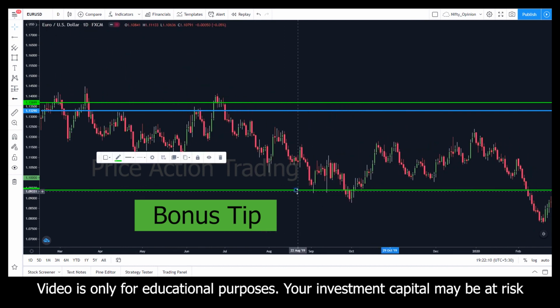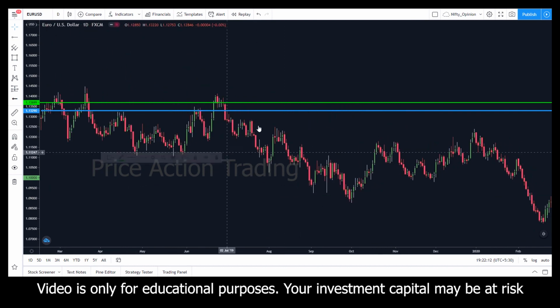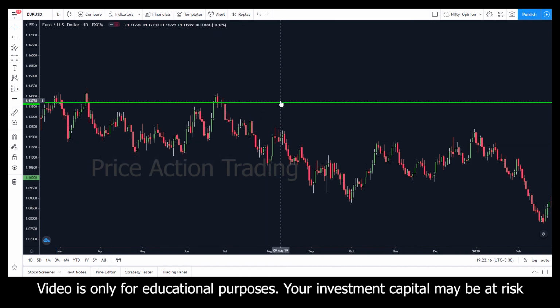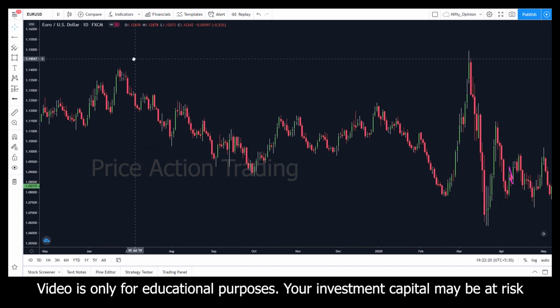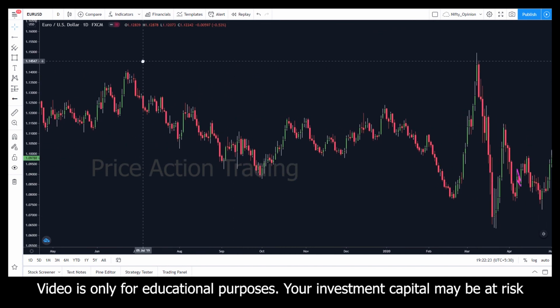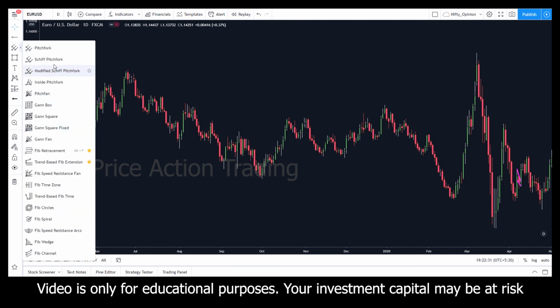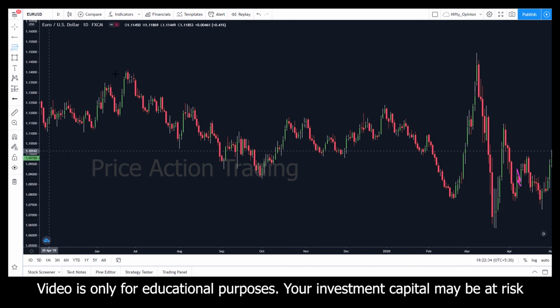The bonus tip is, if you are not able to understand the support and resistance line and how to mark them, use the Fibonacci lines and Bollinger Bands. This is the bonus tip, and it will create an easier support and resistance line for you. You will not have to look. What you have to do, I'll give you guys a quick explanation.